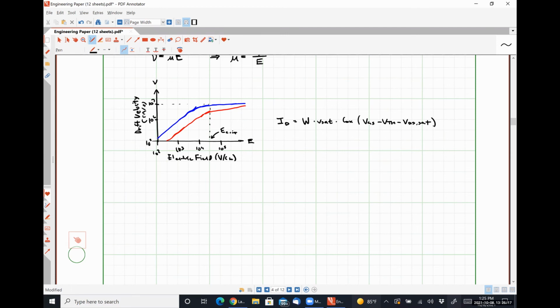Okay. So we start to see our drain current taper off and decrease as it gets larger and larger. And it's because we are seeing the frequency of our traveling electrons striking the lattice and causing those interactions.